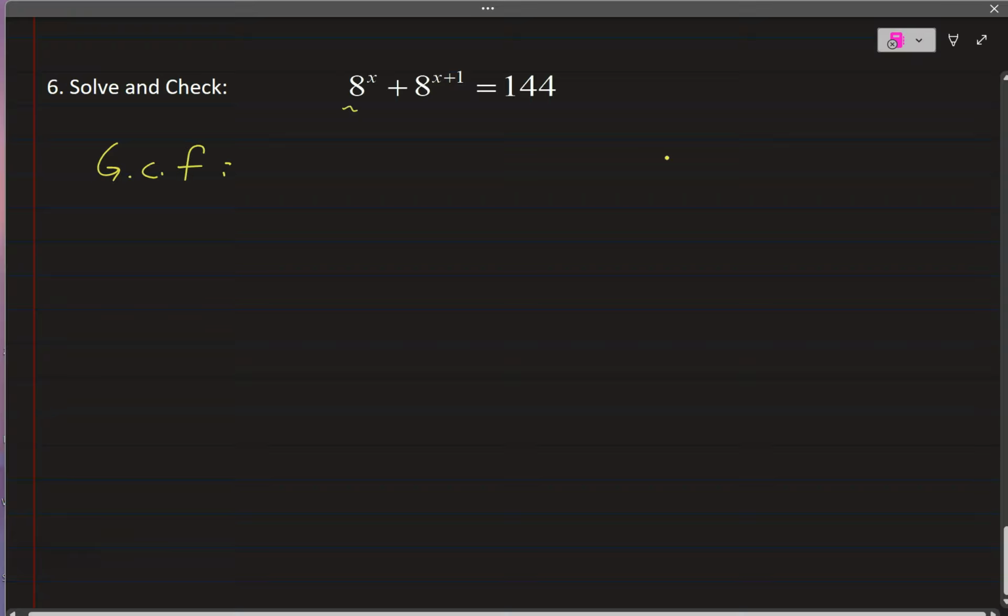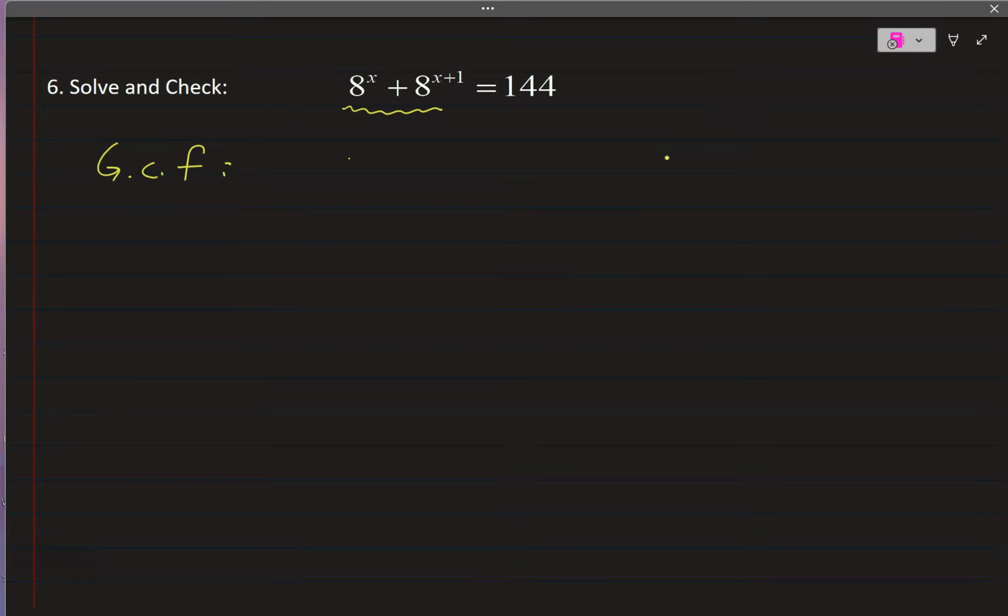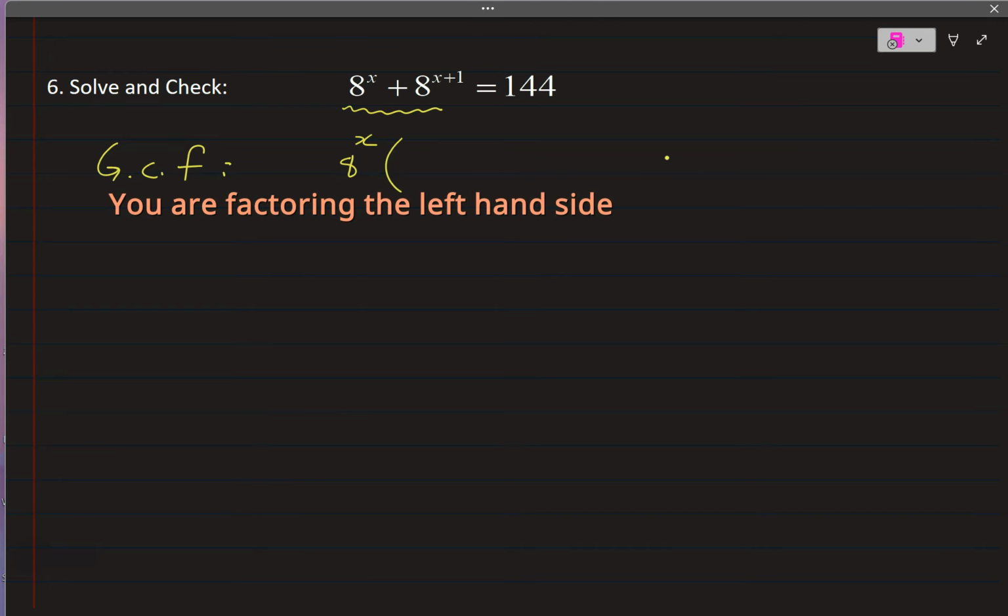What is the GCF of these two terms? Well, they have a greatest common factor of 8 to the x. When you open that up, what do you have to multiply 8 to the x by to get 8 to the x back? That's 1. What do you have to multiply 8 to the x by to get 8 to the x plus 1? Well, that is just 8.